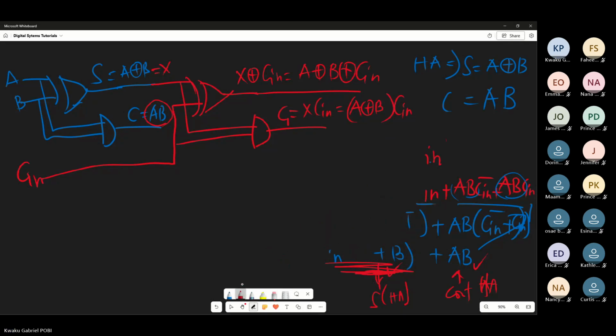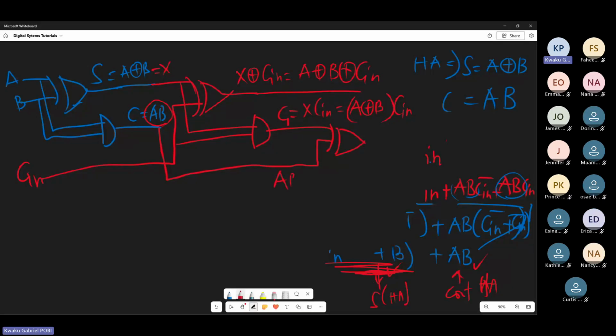Then the actual carry out, let me clean this part for me to draw it. So it means I'll just come and tap this output, come here, and then OR them together, because this signal is AB, and then this signal is A XOR B multiplying C in. And when I OR them together, not XOR, when I OR them together like this, it means that will be my actual carry out of the full adder, which we had here, C in into A XOR B plus AB, like that.